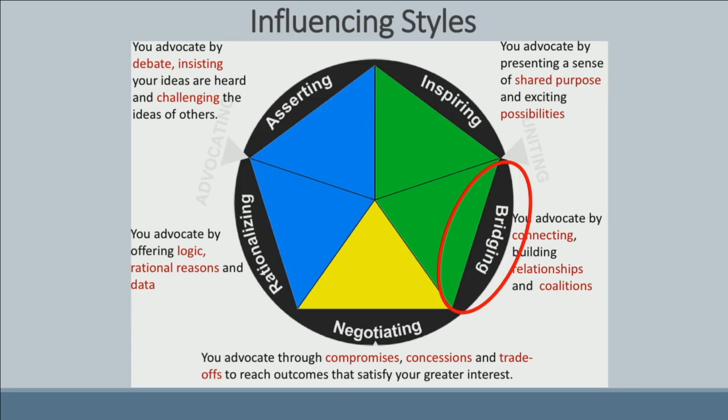And so what I do is I connect, I build relationships, I develop coalitions, I emphasize points of agreement and overlap. And so bridging energy is spent doing just that, working relationships, maximizing collaboration.